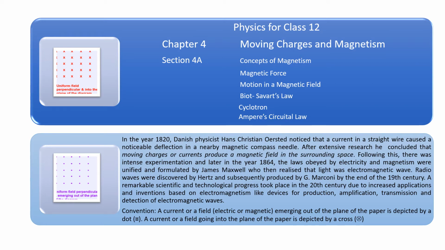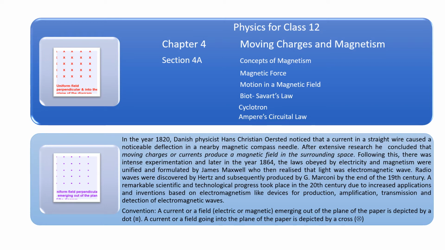The background of moving charges and magnetism is very interesting. In the year 1820, Danish physicist Hans Christian Ørsted noticed that a current in a straight wire caused a noticeable deflection in a nearby magnetic compass needle. After extensive research, he concluded that moving charges or currents produce a magnetic field in the surrounding space.